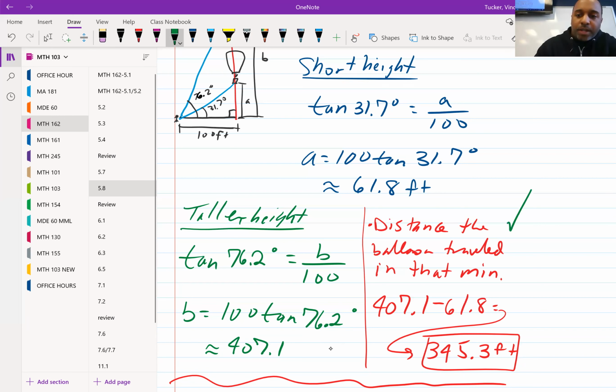And then you notice in the red is what our answer really is. That's going to be the distance the balloon traveled in that minute. So the balloon had already traveled 61.8 feet. That was the shorter height. Then from the 61.8 feet, it goes up to 407.1 feet. And so you take the difference between the two. So it travels 345.3 feet.